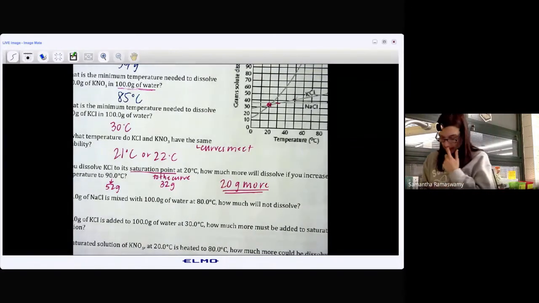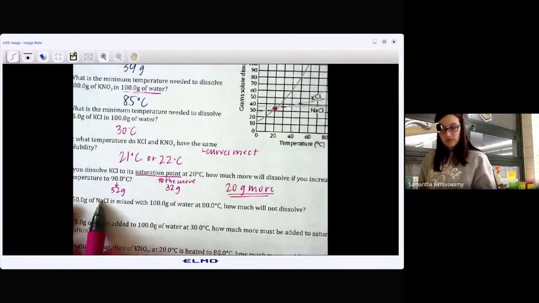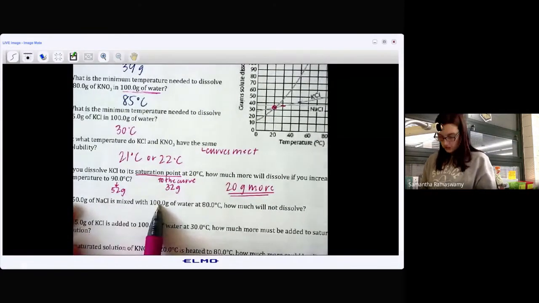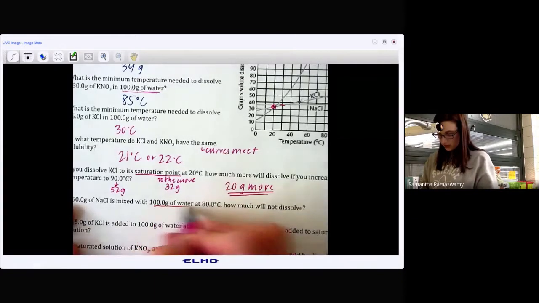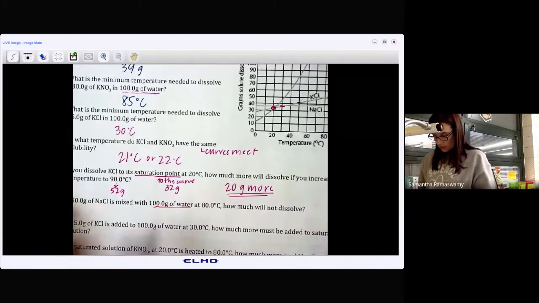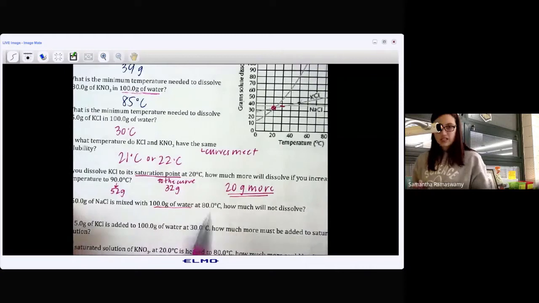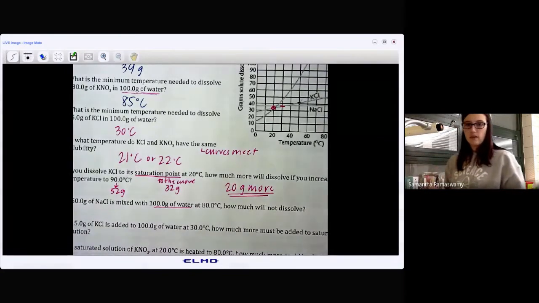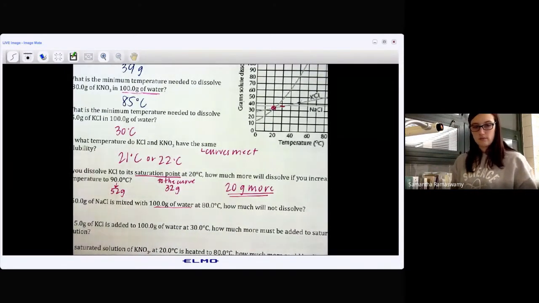We look at 8. If 50 grams of NaCl is mixed with 100 grams of water, so again, the 100 grams of water just means we can look right at the graph. 50 grams of NaCl at 80 degrees Celsius. How much will not dissolve?